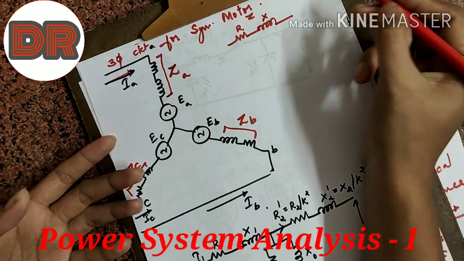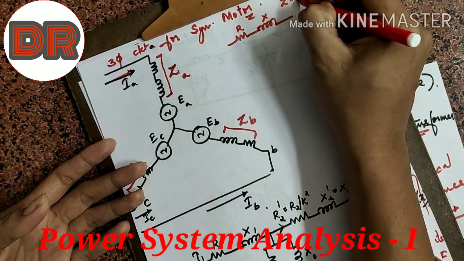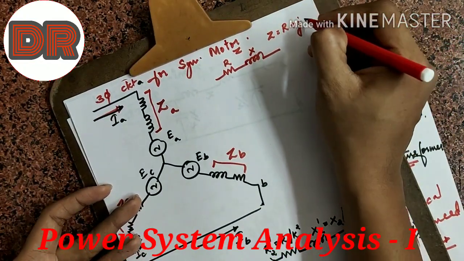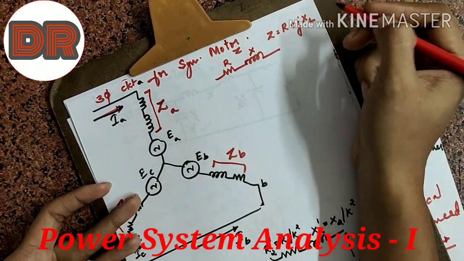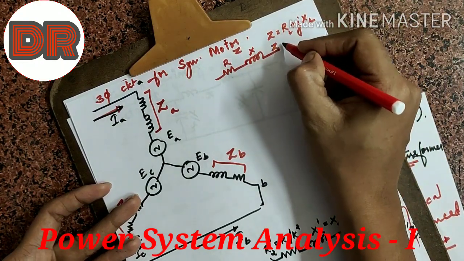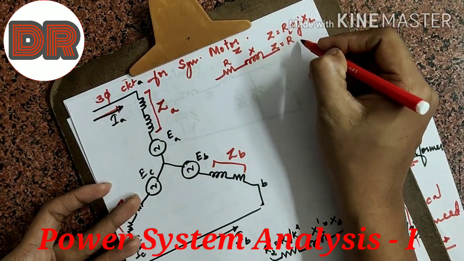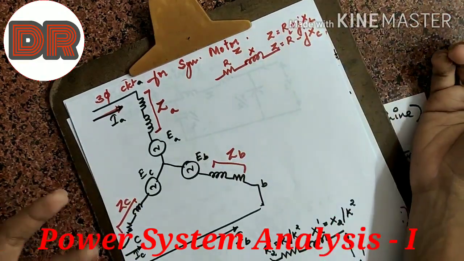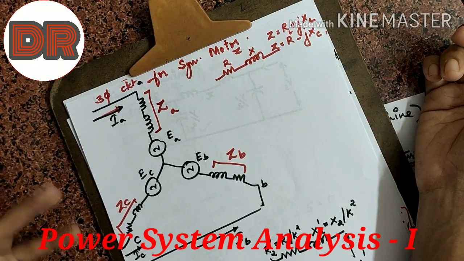If it is an inductive impedance, then Z can be written as R plus jXL, or if it is capacitive, then we can write the impedance as R minus jXC. That depends on which type of winding it is.